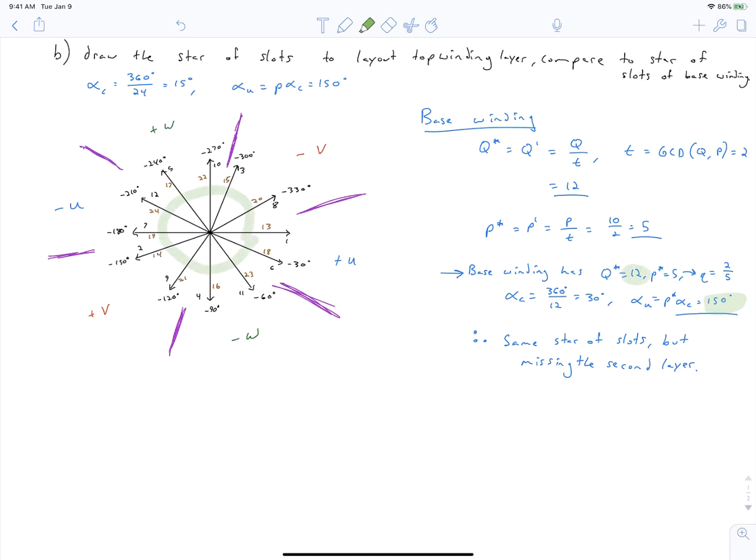So one layer of the star of slots has 12 phasors. The base winding will have the same number of phasors as our full winding did. The only difference between the star of slots of the base winding and the star of slots of the full winding is that the base winding consists of a single layer instead of 2 layers. So if you just take this diagram right here and you remove the brown labels, you will have the base winding diagram.